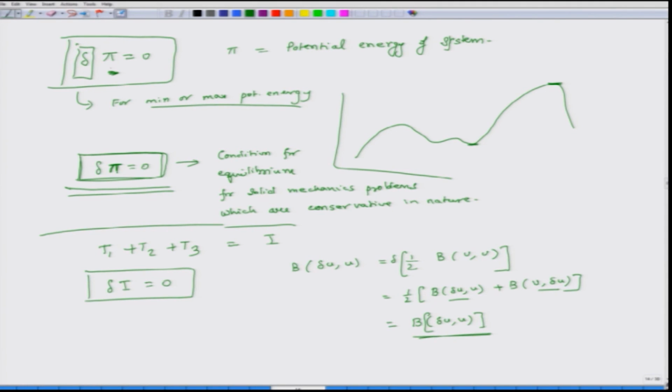It has to be bilinear. If suppose it was U square, then when we do the math it will not work out like that. Okay. So, it has to be bilinear.